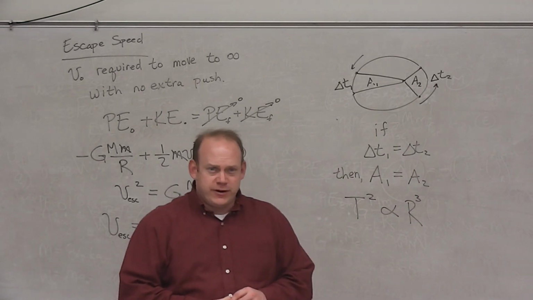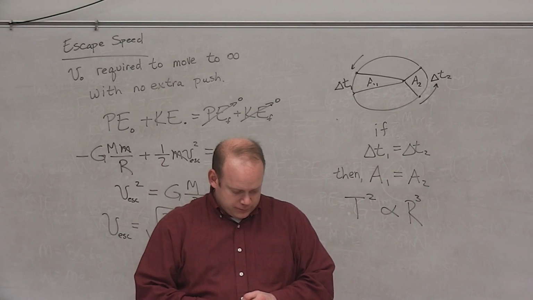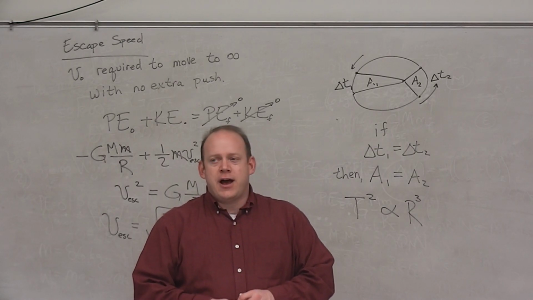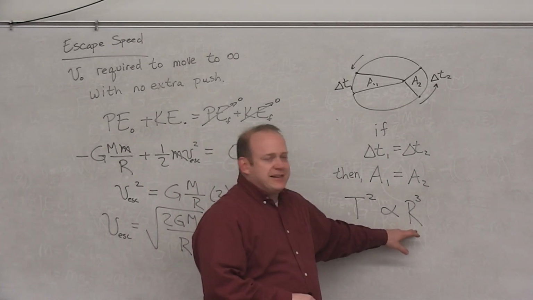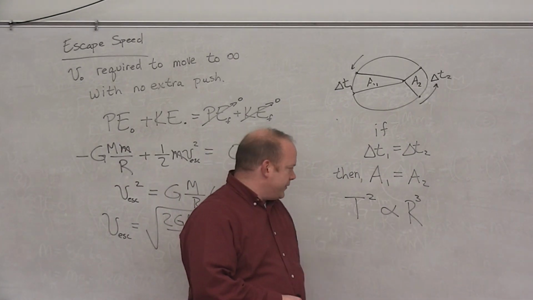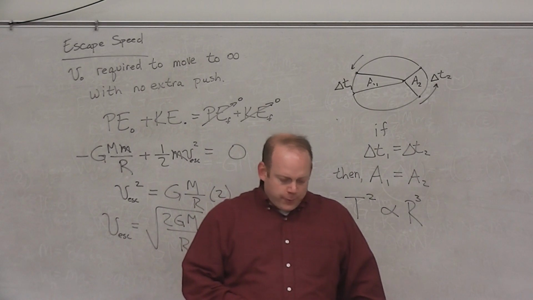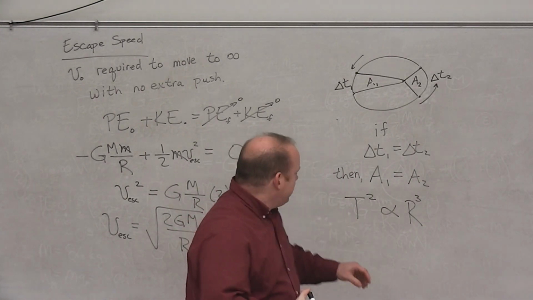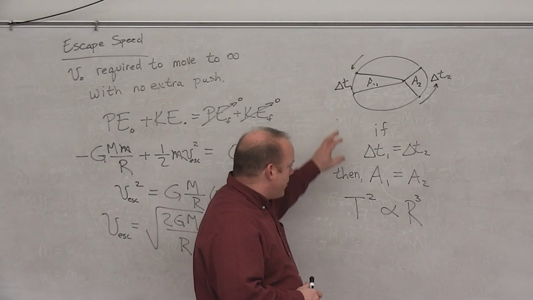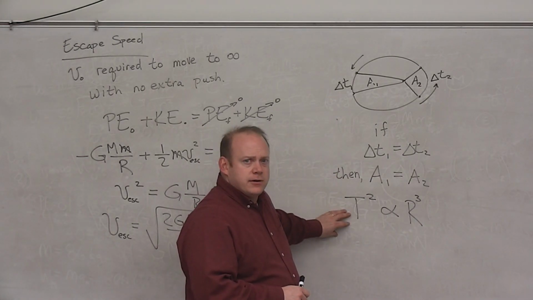Again, not just doing this for circular things. Or if you're talking about elliptical objects, you would call it the semi-major axis of the ellipse. Now, that's really easy. This can be proved with Newton's second law.